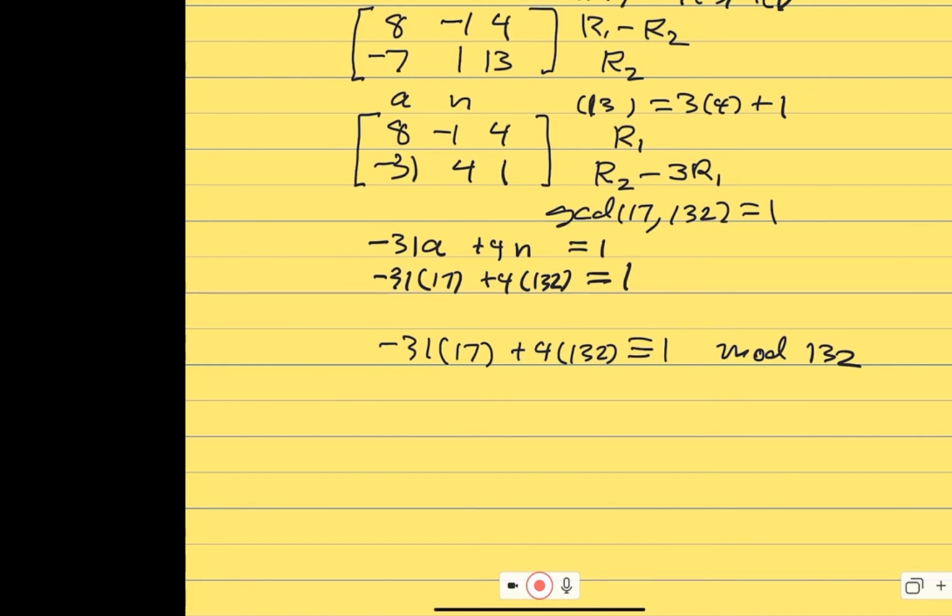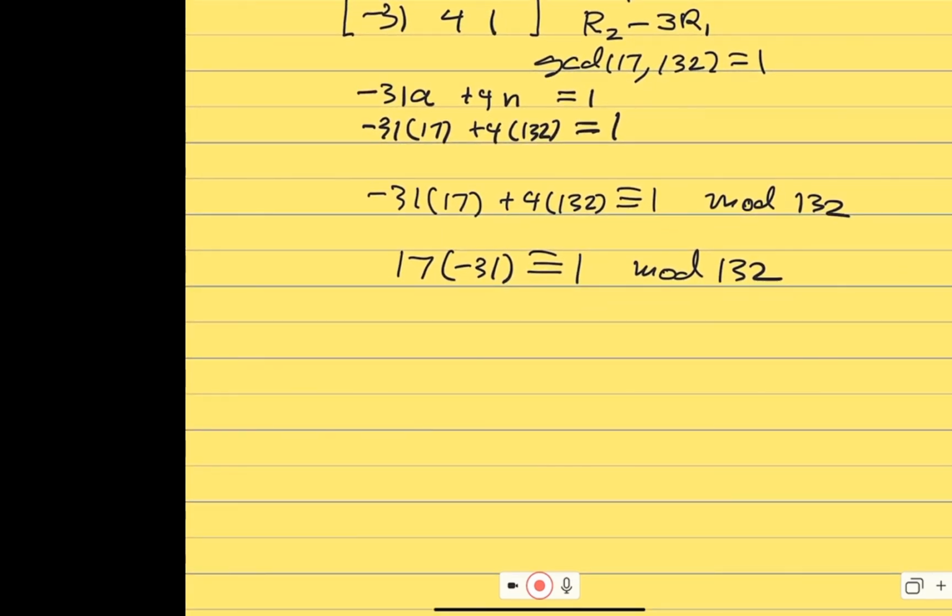So let me rewrite it just a little bit. 17 times minus 31 is congruent to 1 mod 132.